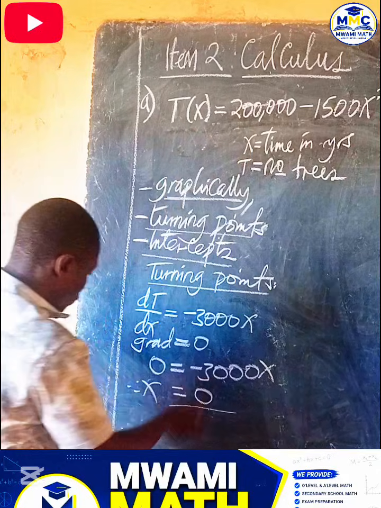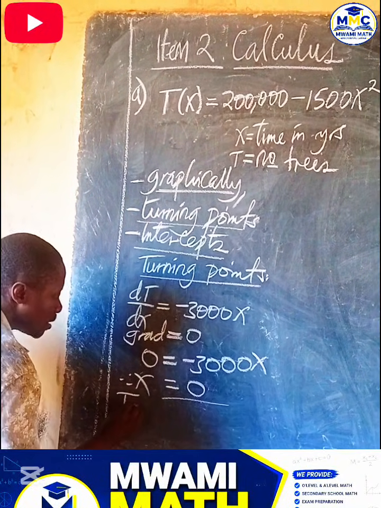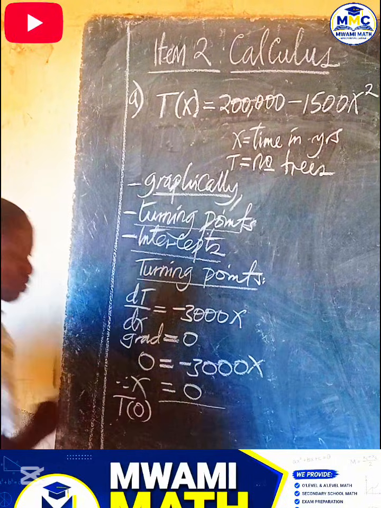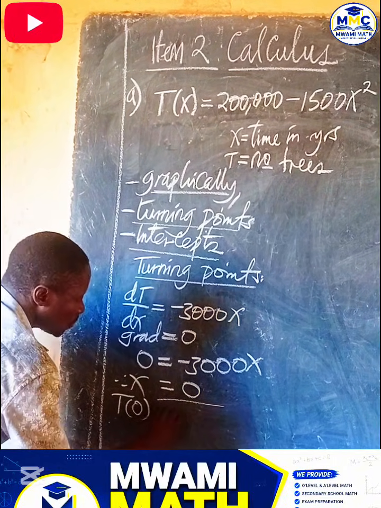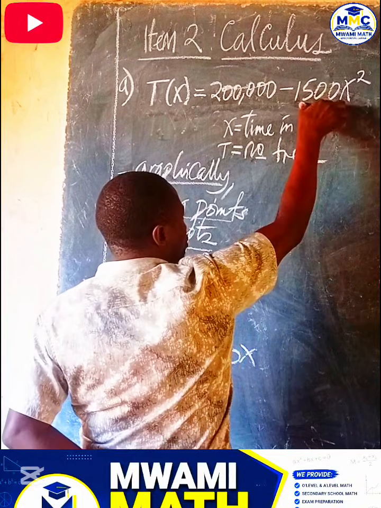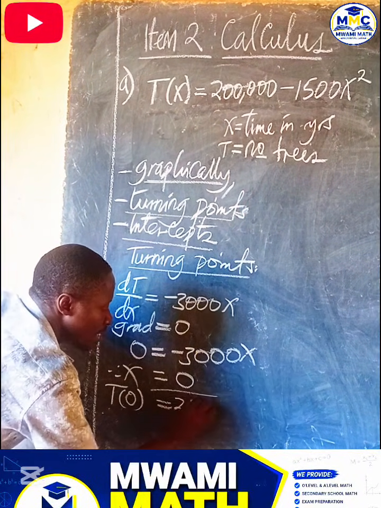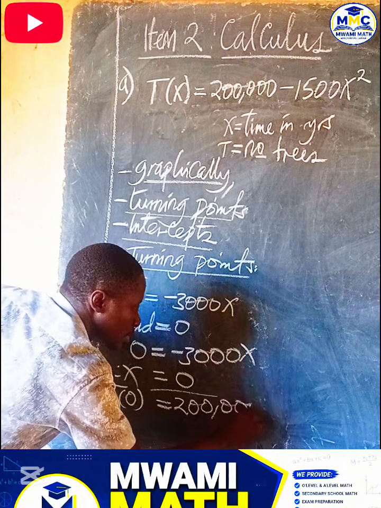So what we shall do, we shall substitute where there is x, put a 0 and say, therefore, t of 0. When you substitute it in that function, this one, square 0, vanishes, so that we have 200,000.